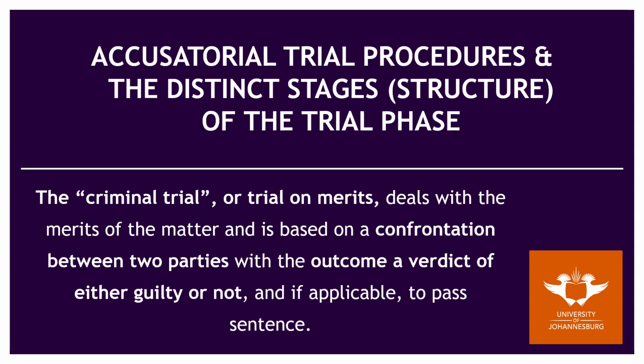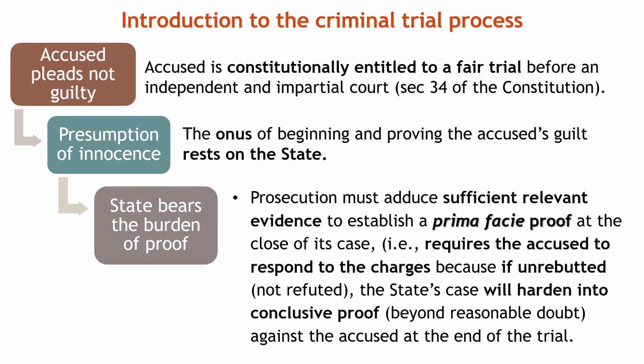The outcome of this process is either a verdict of guilty or not guilty, and where necessary, the passing of sentence. By way of introduction, I remind you, the only time where there will be the necessity for a criminal trial is if the accused pleads not guilty.